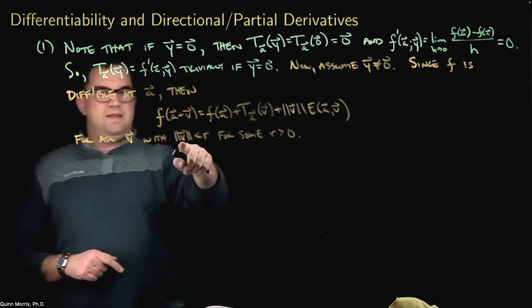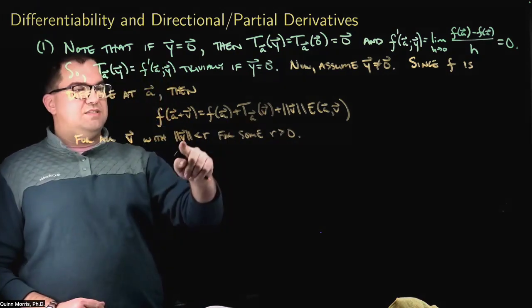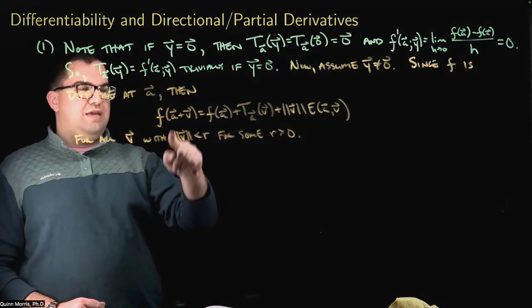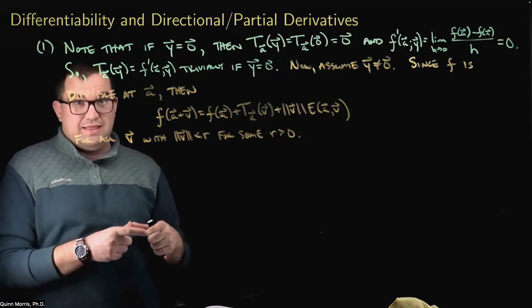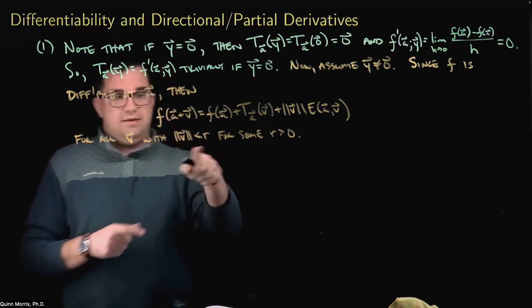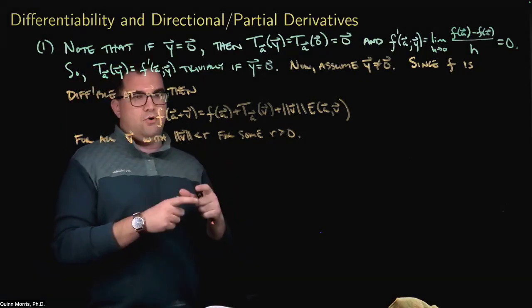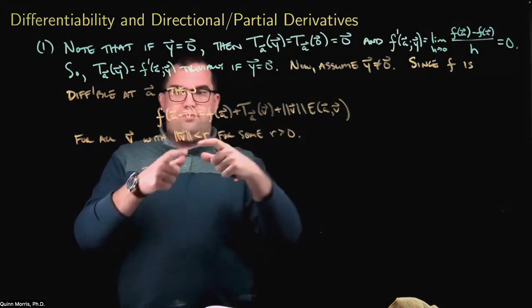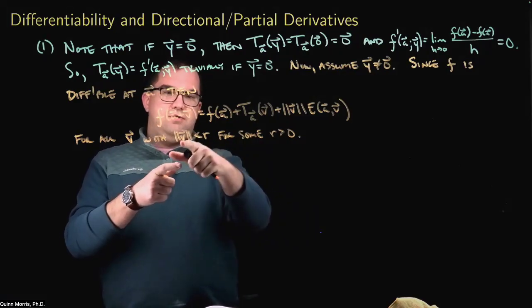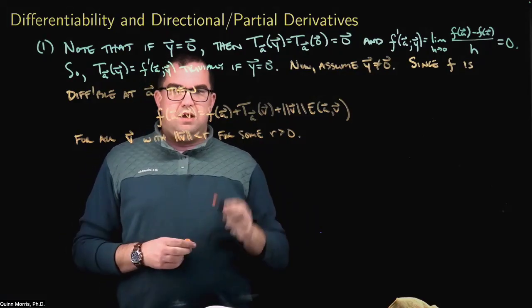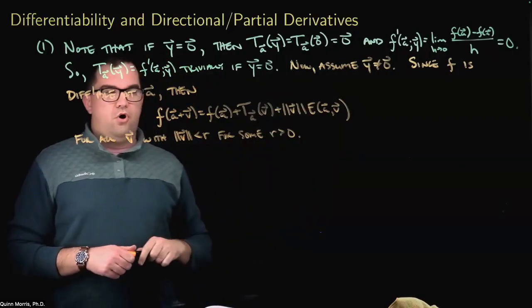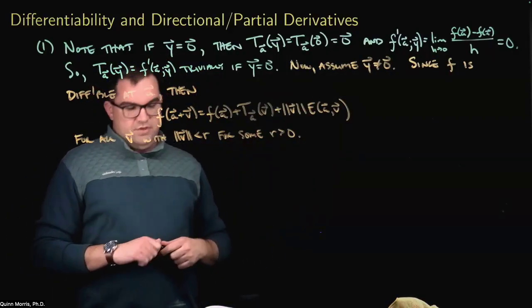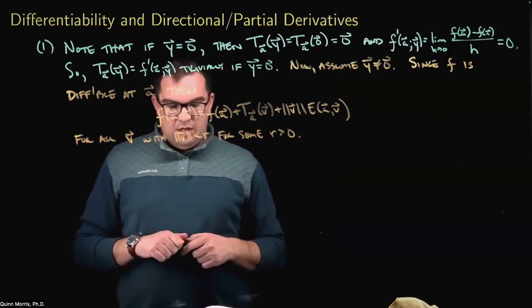I need to be able to take a limit as V goes to zero, which means I need this to be defined for all V in some neighborhood around the origin. In order to take that limit, I need this to be defined on some neighborhood of the origin. So let R be some radius so that this equation holds for all V within some neighborhood of the origin.